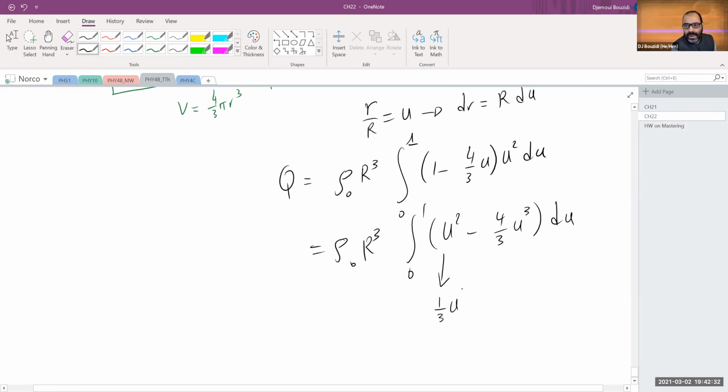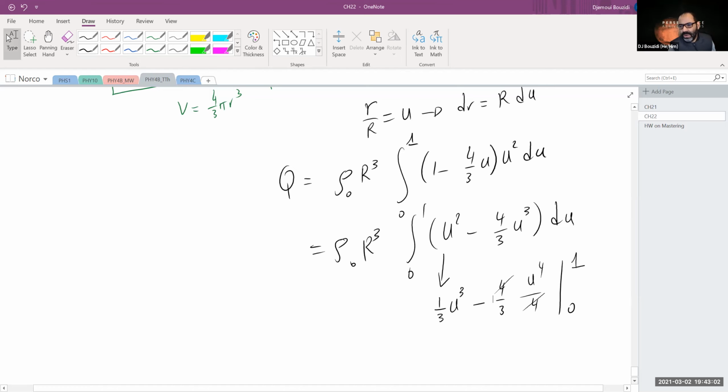Okay, thank you very much. Minus, first of all, 4/3. What is the integral of u cubed? 1/4 u to the 4th. Okay, u to the 4th over 4. Does everybody agree? Yes. Between 0 and 1, cancel the 4 and the 4.